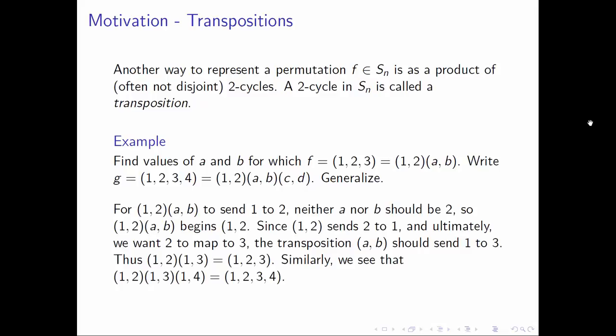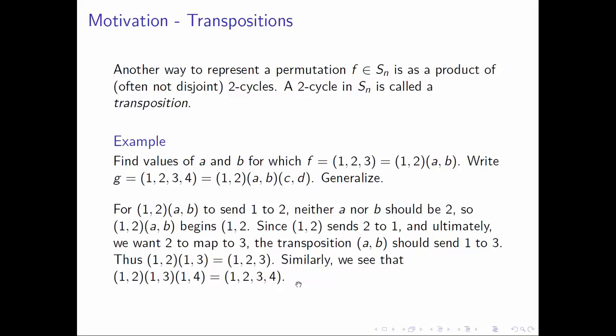So let's start with F, the smaller of these two, and let's suppose that we have this product of transpositions, (1 2) and (A B), and we want that product to be equal to this cycle (1 2 3). So we want to send 1 to 2, 2 to 3, and 3 back to 1. For starters, if we want (1 2)(A B) to send 1 to 2, that's already taken care of in the first transposition. 1 gets sent to 2.